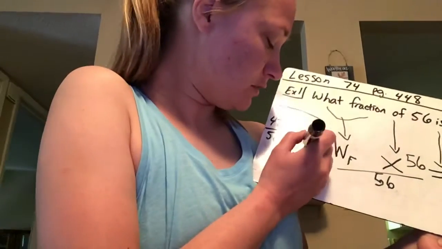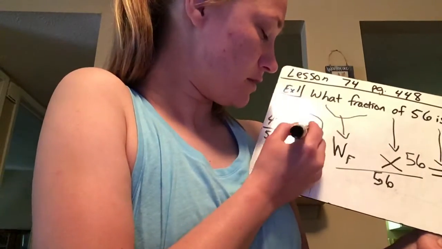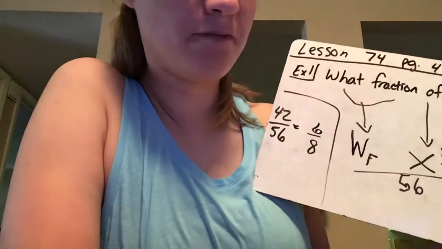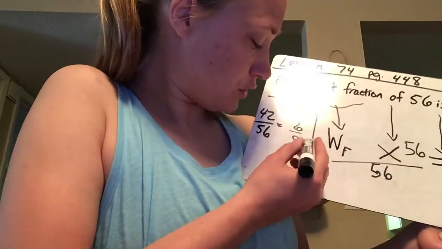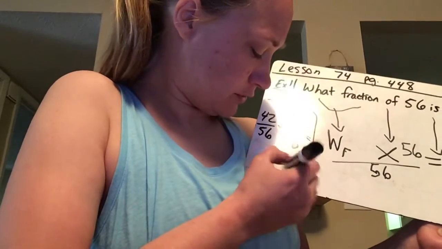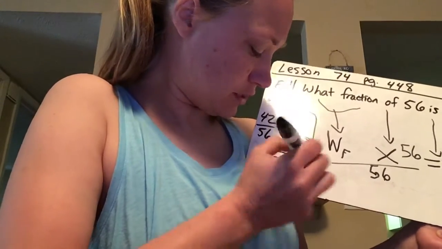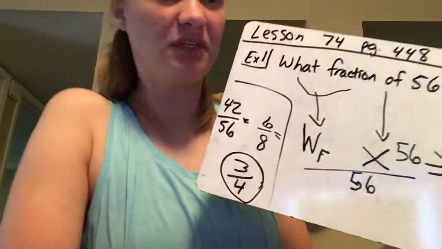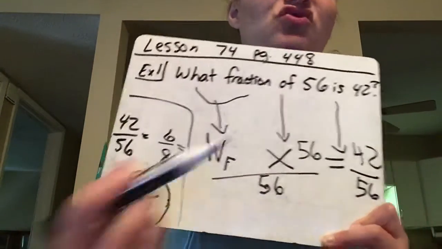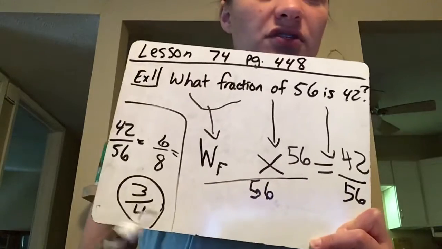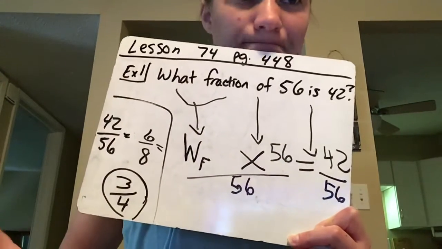Yeah, this would be an 8, and that'd be a 6, okay? Those reduce again by 2. So, the answer, and we see it in the book, is 3/4. Okay, what fraction of 56 is 42? That means 42 is 3/4 of 56.